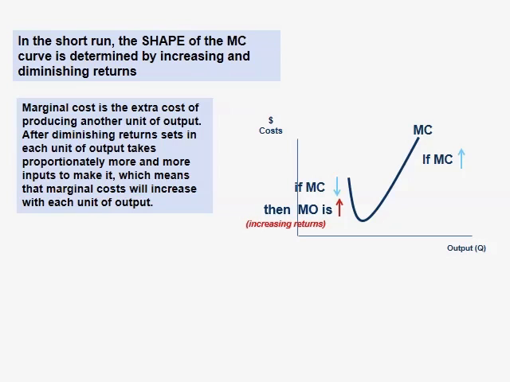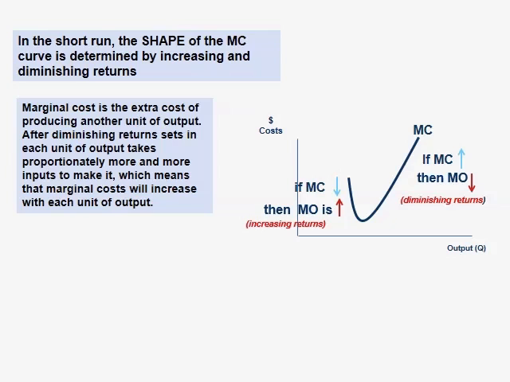So we can talk about marginal cost falling initially because of increasing returns. Marginal output goes up. It reaches a low point, as we can see here, just beyond there, and after that, marginal cost rises rapidly. So as you produce more units, marginal cost rises. And the reason?